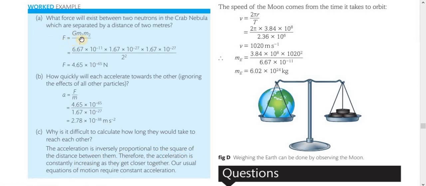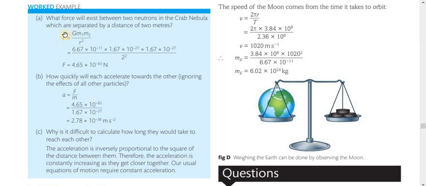You can see F is equal to ma. Now, if you write, instead of F here, ma, then you will see that the acceleration is inversely proportional to the square of the distance between them. That's why the acceleration is constantly increasing as they get closer together. When r decreases, when this quantity here decreases, the acceleration increases.